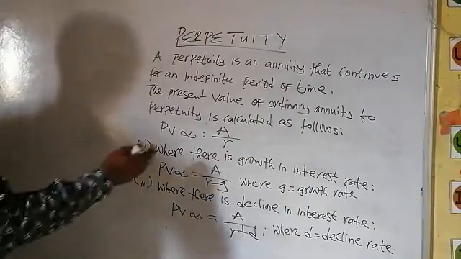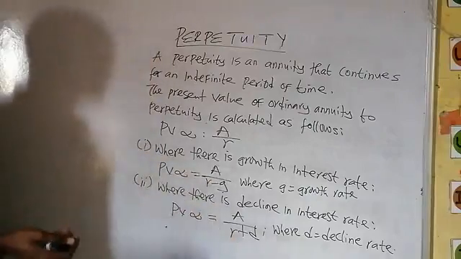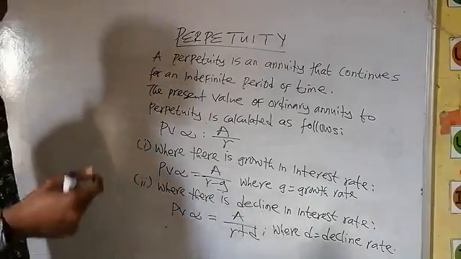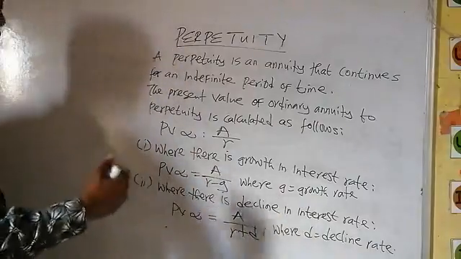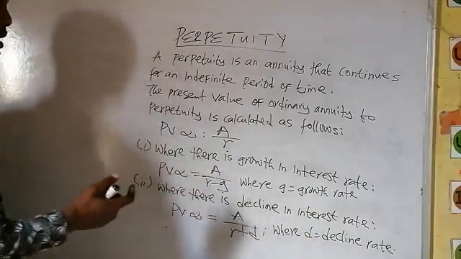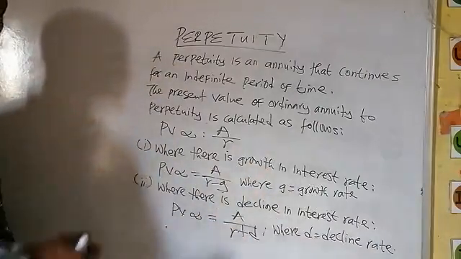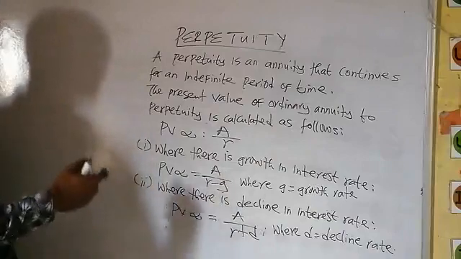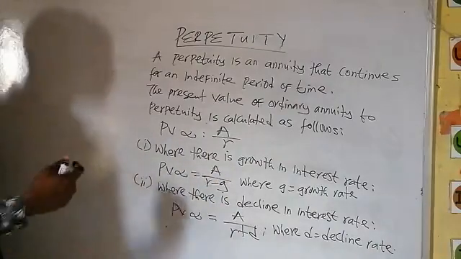Take for example, you have invested, and when the investment started, the interest is given to you at 20%, but later in the long run, the interest rate changes to probably, let's say for example, 22%. There has been an increase of 2% on the initial interest, so it has grown to 22%.